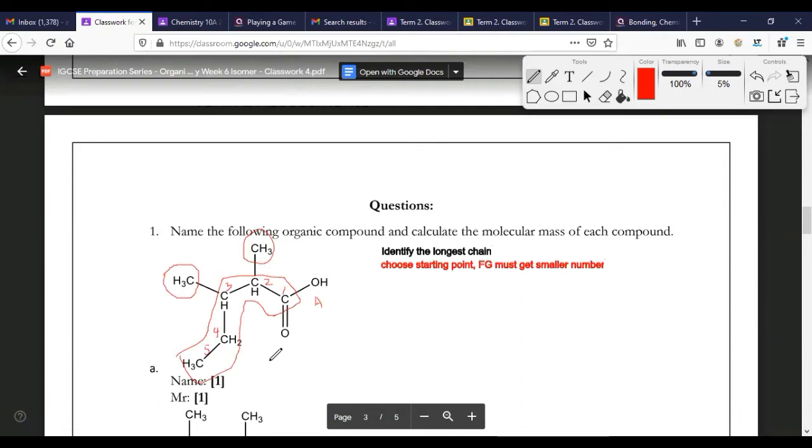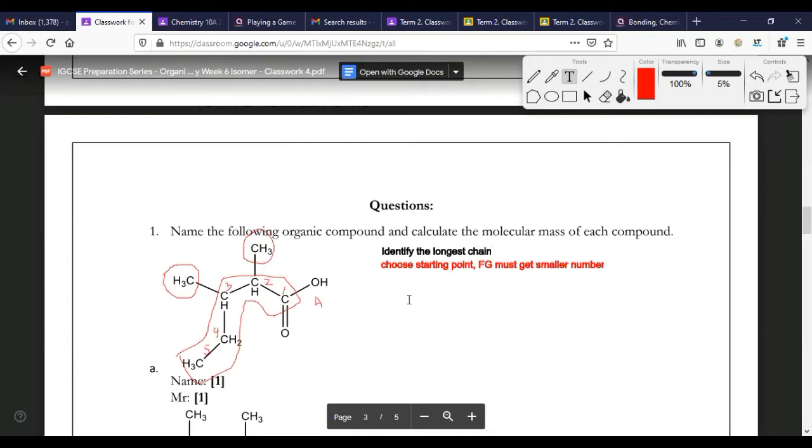After you identify the longest chain, you choose the starting point. You need to know the order. So what you need to write first is the branch, okay? Because we got two branches, we need to use prefix, and the prefix is di, and then we also need to state the position in which the branch is connected to.